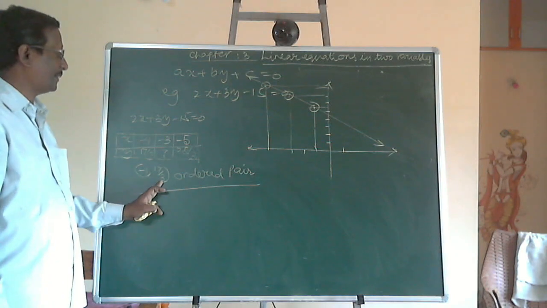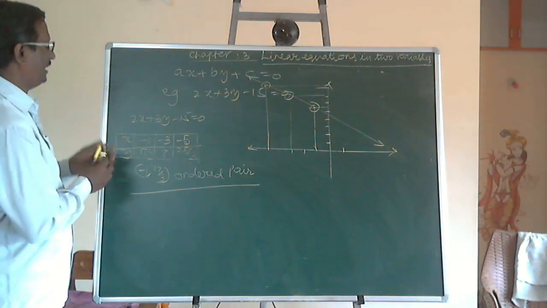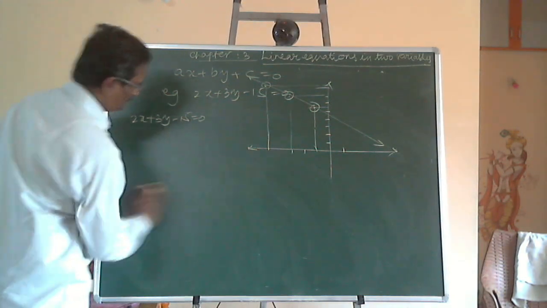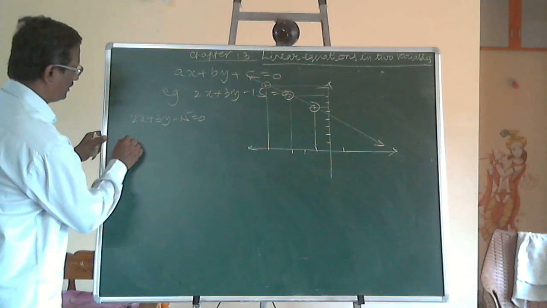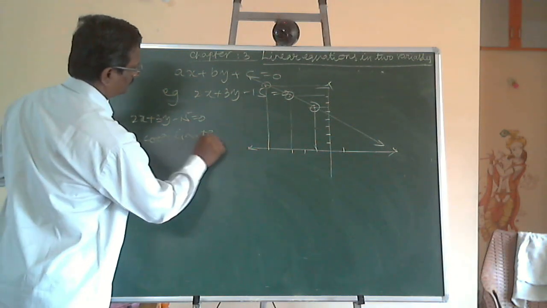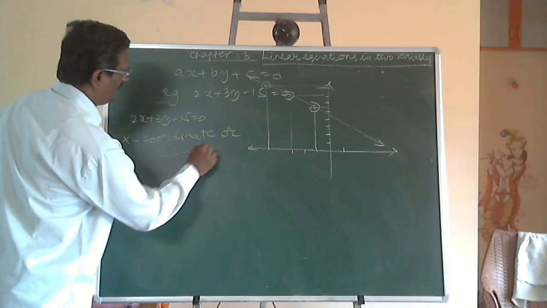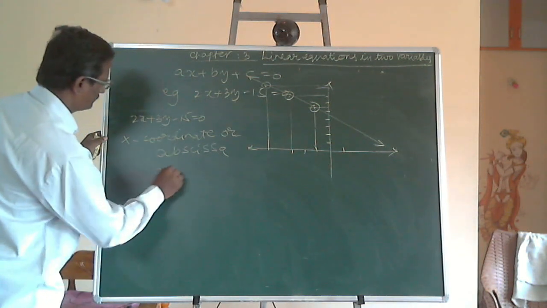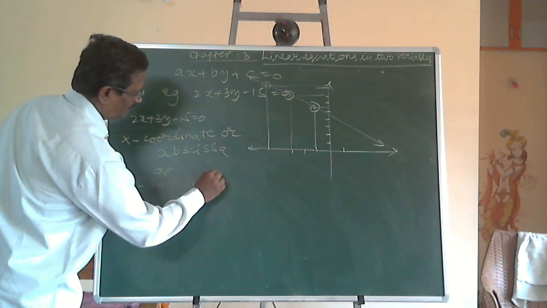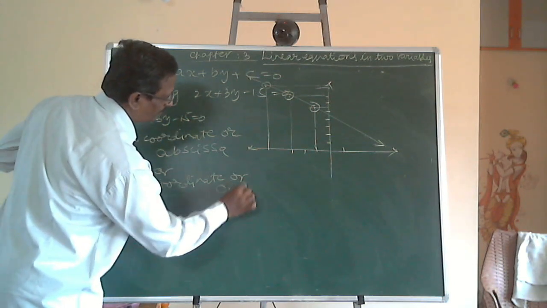The second number is representing the y coordinate. Sometimes the x coordinate is also called the abscissa, and the y coordinate is called the ordinate.